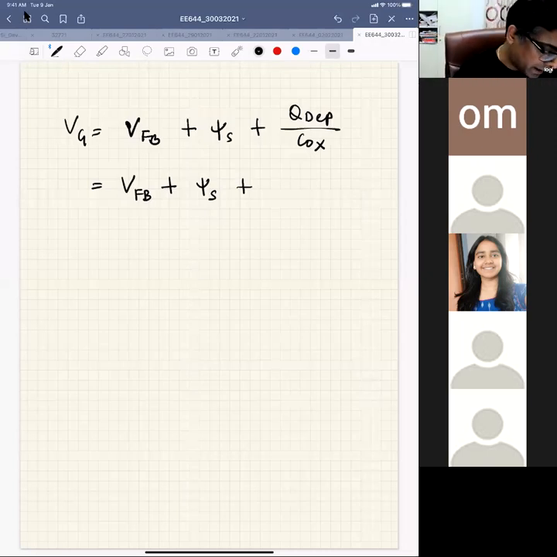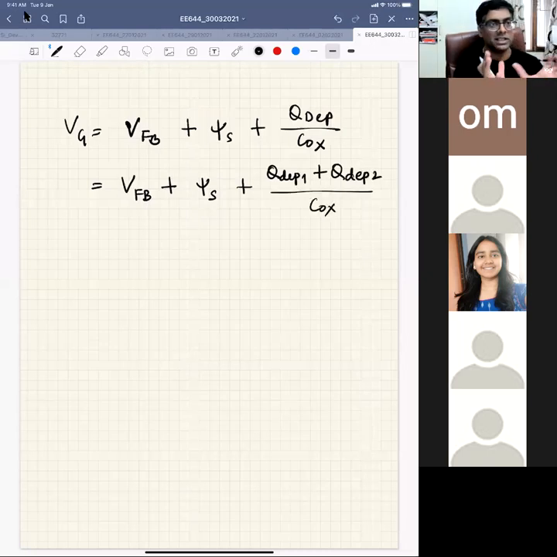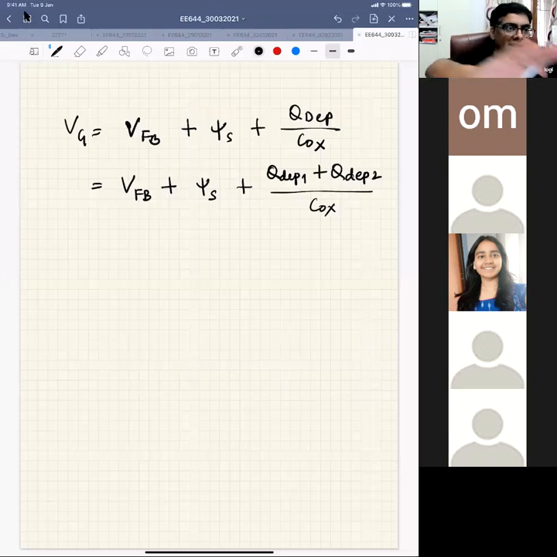Okay, so out of this Q depth, I could divide it into Q depth one and Q depth two, two parts. Q depth one is coming from the source and drain area, so here you see Q depth is divided between gate and source and drain.